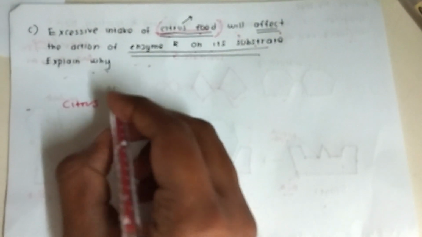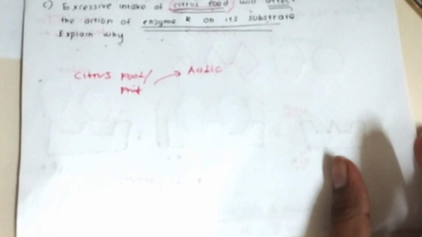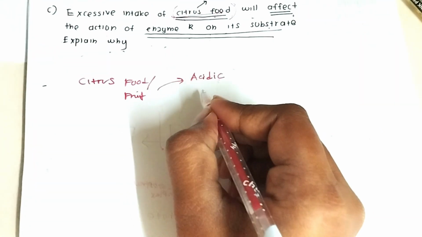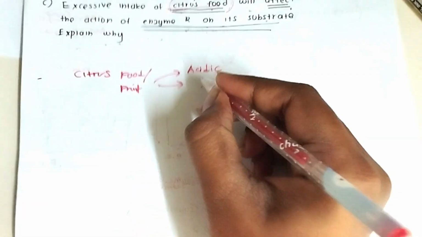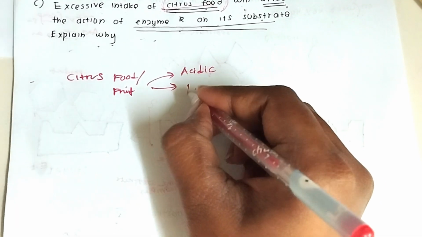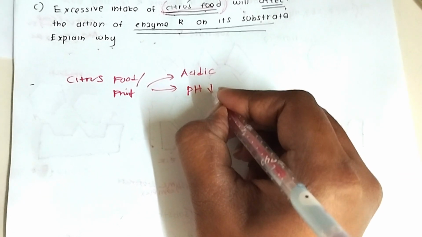Citrus fruit or food, mostly we call it citrus fruits. They are acidic. If it's acidic, is the pH low or high? The pH is low.